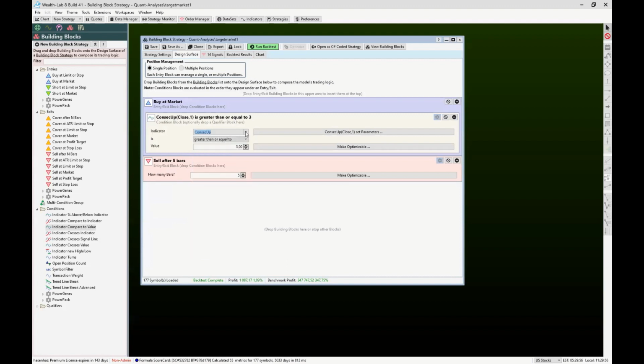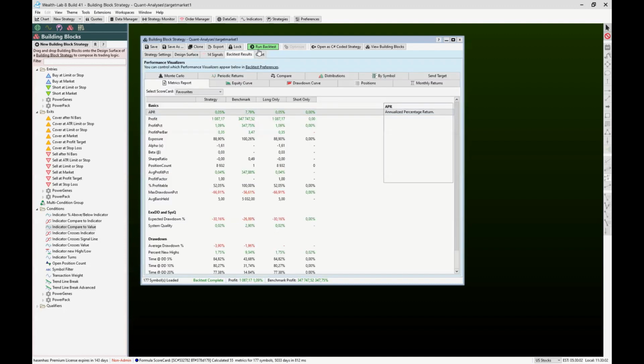Consecutive up means 3 days up. Consecutive down means 3 days down. Let's do the backtest. Okay, a very good performance. And once again, you can see that the anti-cyclical approach works better.